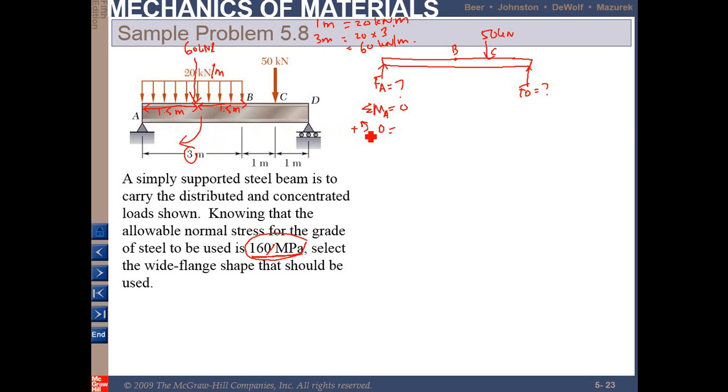So it is minus 60 times 1.5, and then minus 50 times 4. And then FD is in this direction, so it is positive, plus FD times the distance, 5 meter, equal to 0.